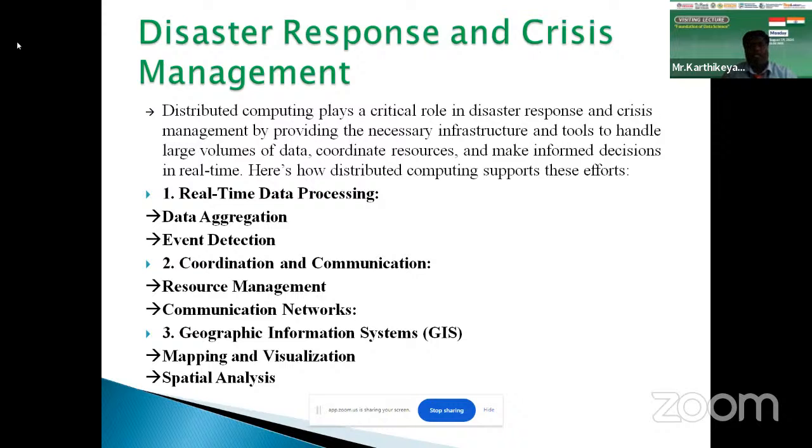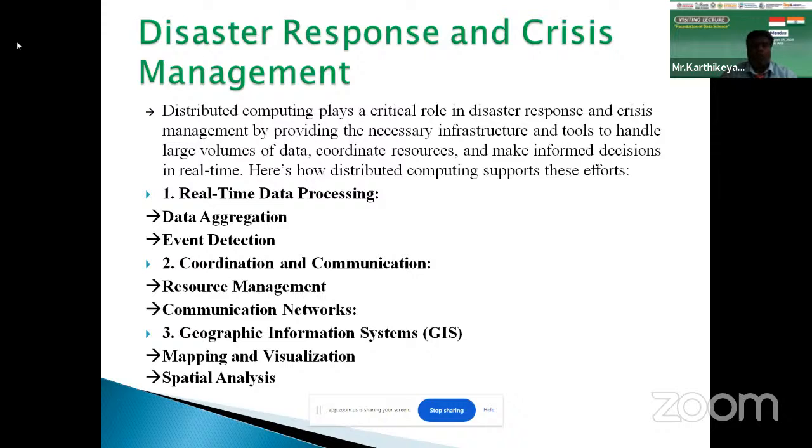The second one is event detection. Algorithms running on a distributed system can analyze incoming data to detect events, such as detecting natural disasters from social media posts or monitoring sensor data for signs of a fire or flood attack.